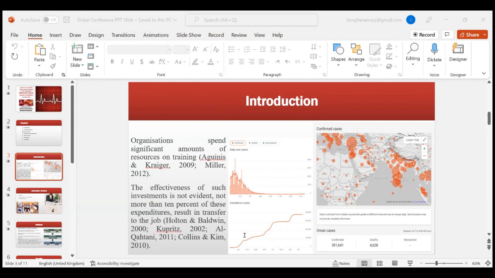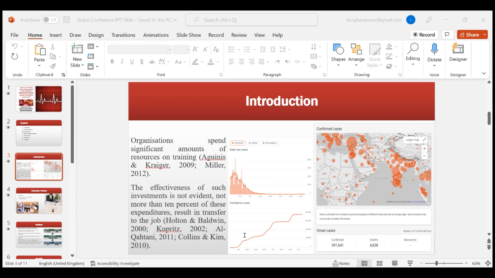A study by the Association for Talent Development said that organizations spend approximately $1,299 per employee on direct training.